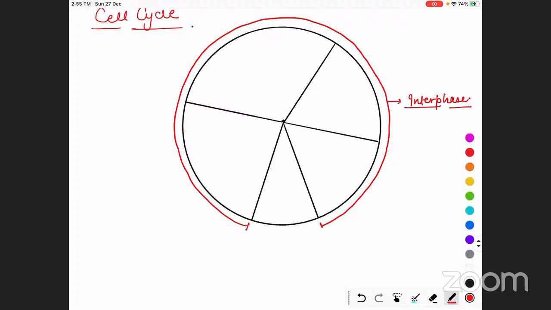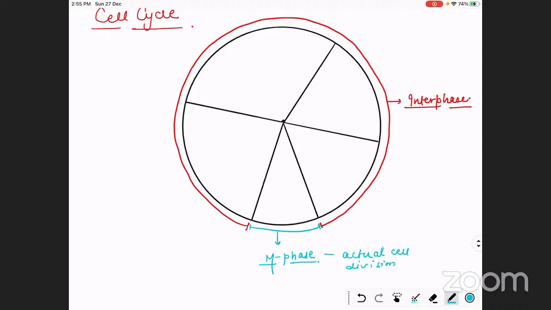And from this point to this point, we have the M phase. Basically, what is the M phase? M phase may be mitotic or it may be meiosis. Okay, we are not talking about it now. It is the M phase where the actual cell division takes place.